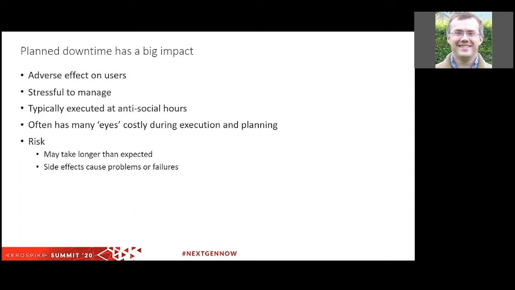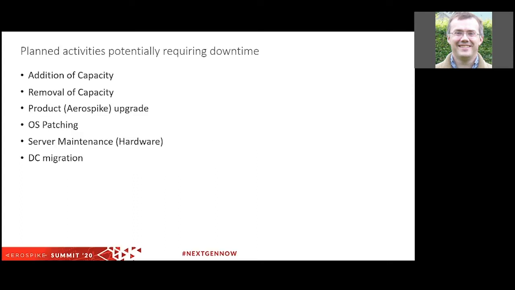So in short, not only do you need a product that gives you 0% unplanned downtime, you also need one that gives you 0% planned downtime. And in this talk, I'm going to look specifically at the Aerospike features that ensure that you don't need planned downtime either. So let's take a look at the operational procedures that might require planned downtime.